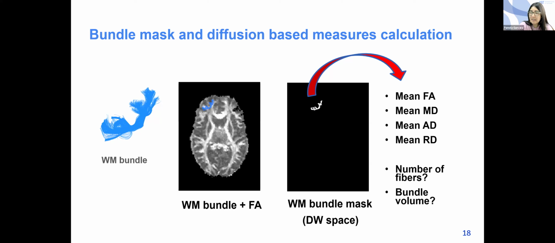And there are many analyses that can be performed, but the simplest one is to, from the segmented bundles, calculate mean diffusion-based measures such as the fractional anisotropy or mean diffusivity, etc. It's more difficult to study, for example, or compare the number of fibers. Maybe the bundle volume is more feasible.